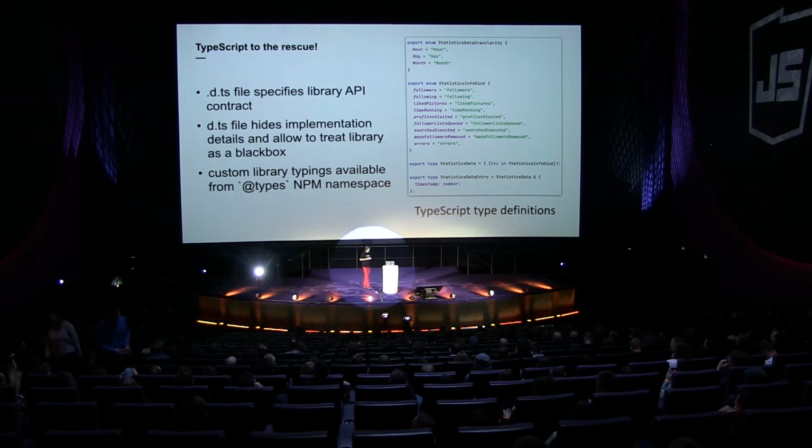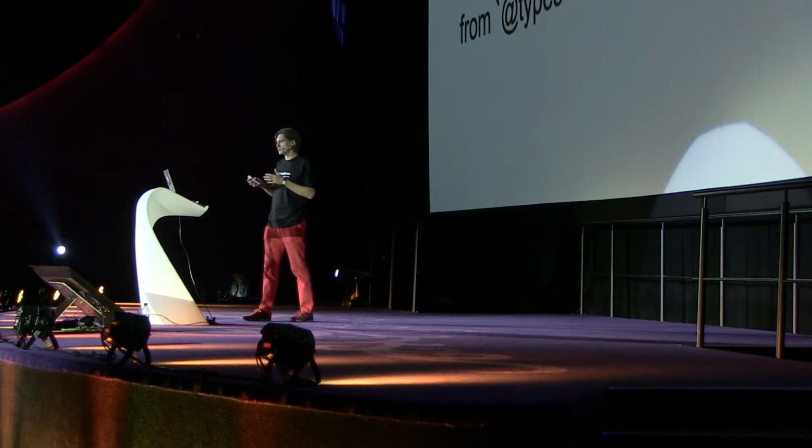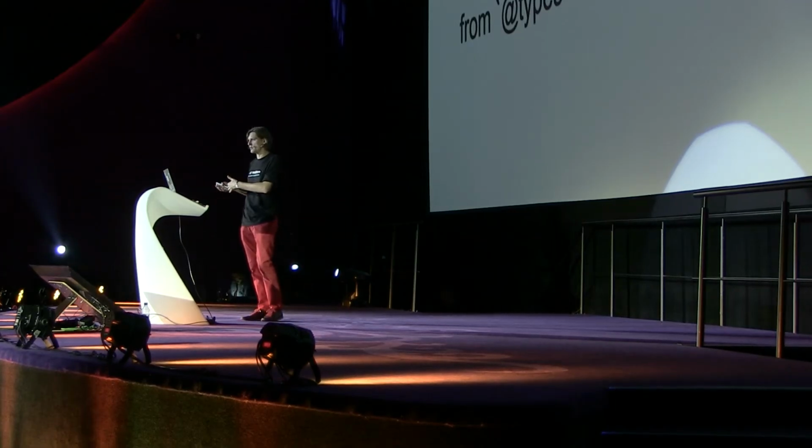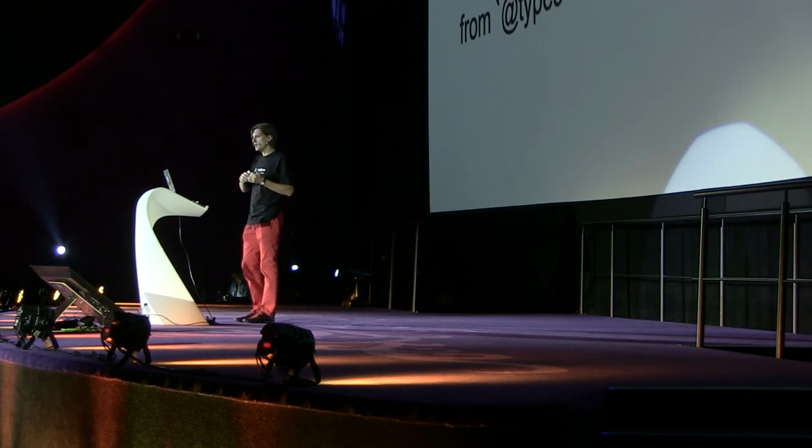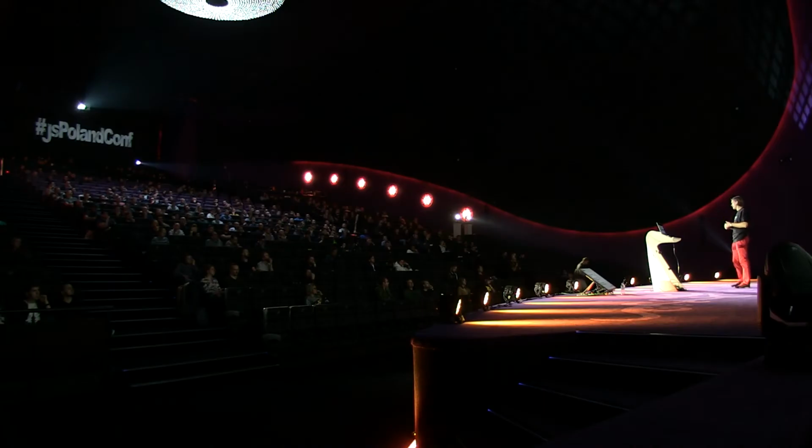TypeScript did it really well by giving you DTS files, so that even if you write your library in JavaScript, you can still describe it as a black box through typings. If a library developer is not willing to ship TypeScript with their library, you still have the add types npm namespace. And I think that really improved productivity in the JavaScript world.